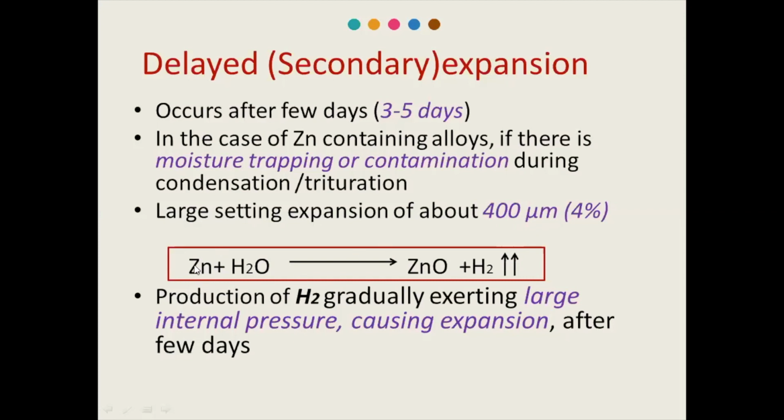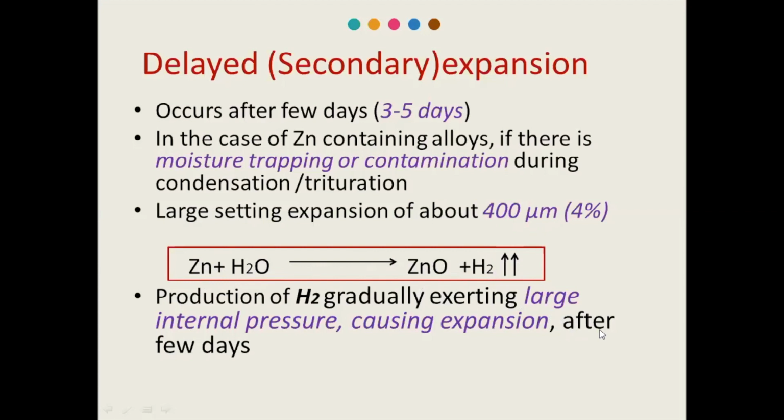In this, the zinc reacts with the water, that is the moisture contamination, and there is a formation of zinc oxide plus hydrogen gas. This hydrogen gas remains in the restoration, and this gas gradually exerts internal pressure in the restoration. Because of that, it causes expansion after a few days.